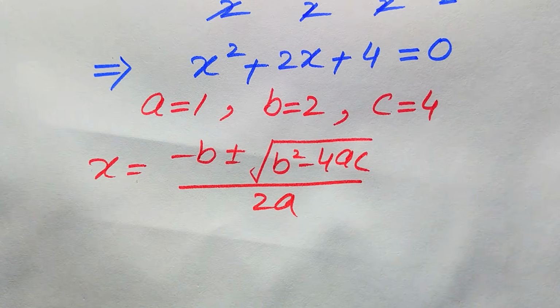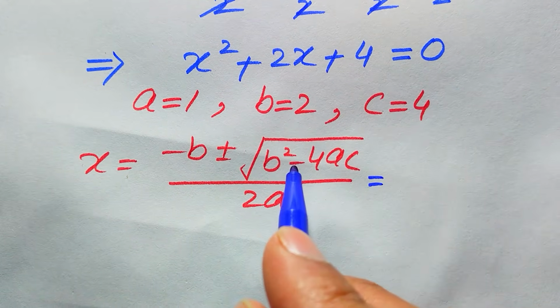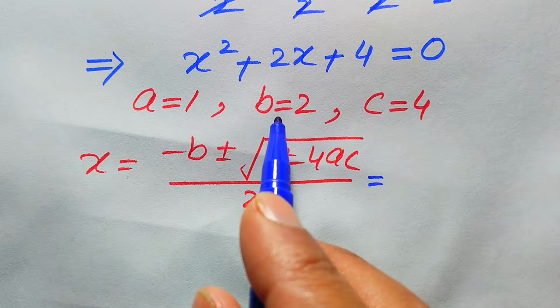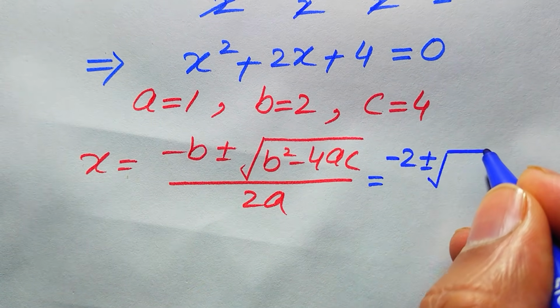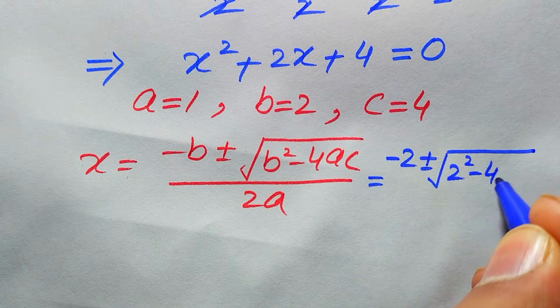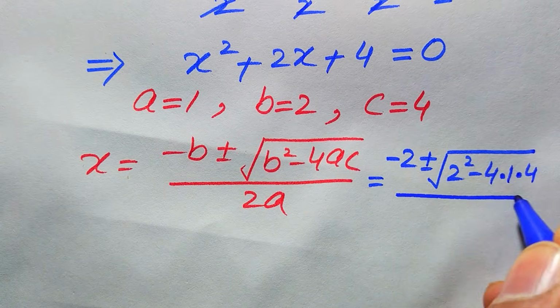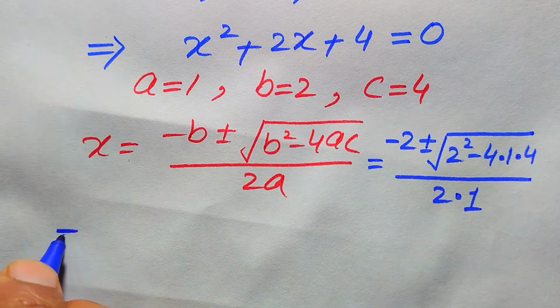This is our quadratic formula, and here we substitute all the values of a, b, and c in this formula, and it will be written as minus b, the value of b is 2, it becomes minus 2 plus minus square root of b square, b is 2 square, minus 4 times a is 1, and c is 4, and it is divided by 2 times a, and here our a is equal to 1.